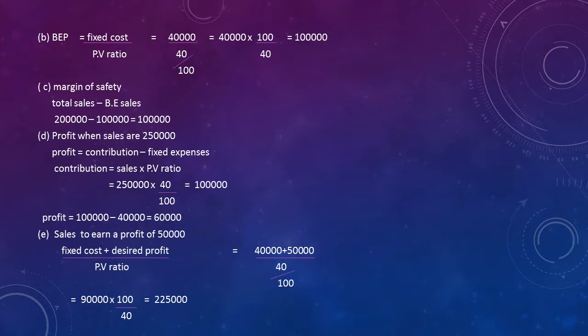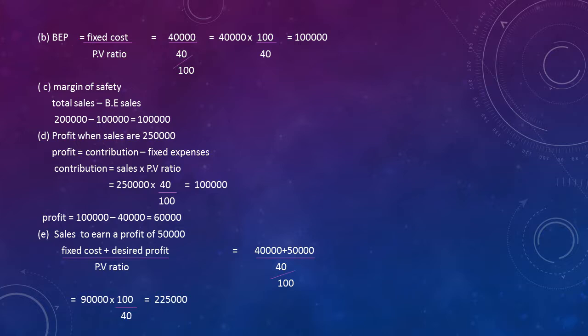Sales into PV ratio will give the answer for contribution. Sales is 2 lakh 50, because we are asked to assume 2 lakh 50 as our sales. 2 lakh 50 into 40 divided by 100 gives us 1 lakh. So contribution is 1 lakh. Fixed expenses are 40,000. 1 lakh minus 40,000 is equal to 60,000, which will be the profit when sales are 2 lakh 50,000.